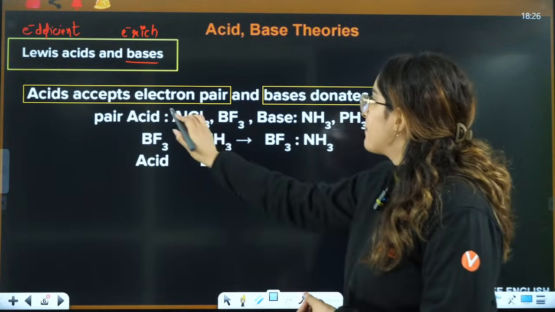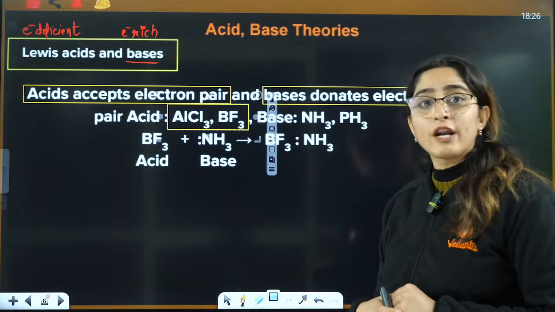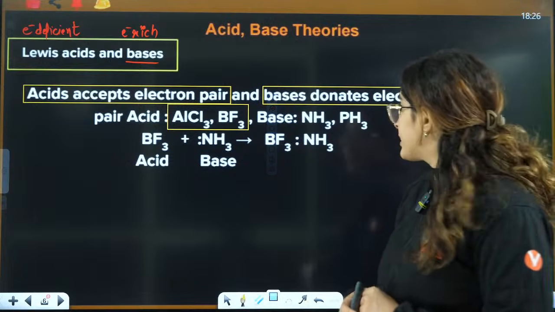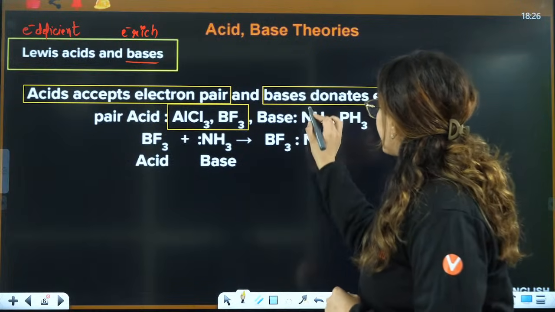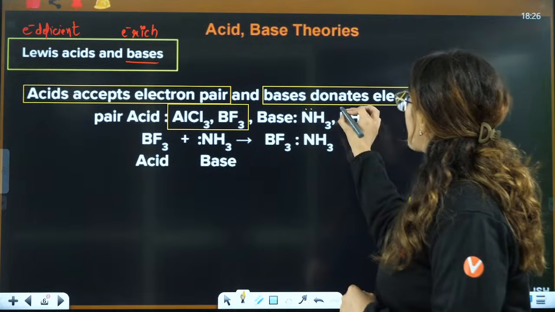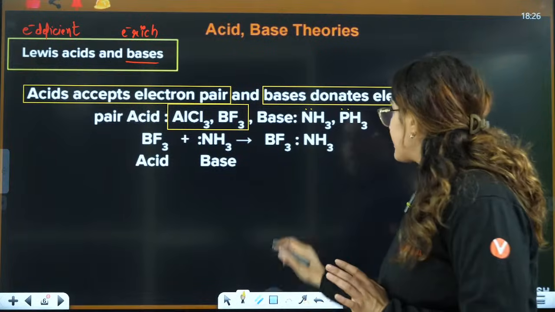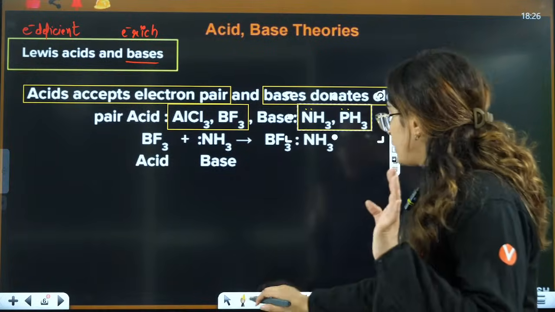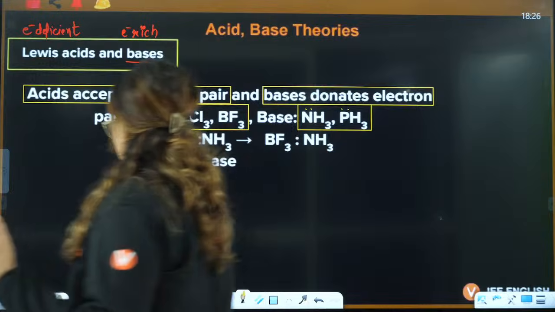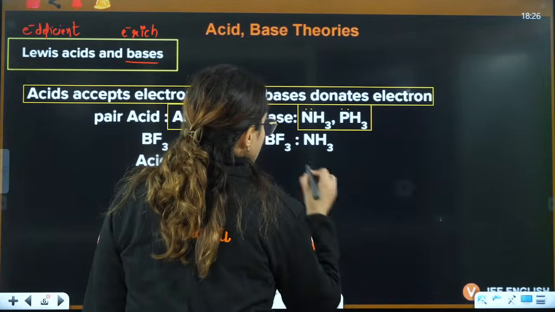These are examples of acids because aluminium and boron are electron deficient. They don't have a complete octet. Talk about ammonia, here it has a lone pair. Phosphorus, if you see, has lone pairs, right? So these are bases. Now you can also write it like this. Wait a minute, you can also write it like this.